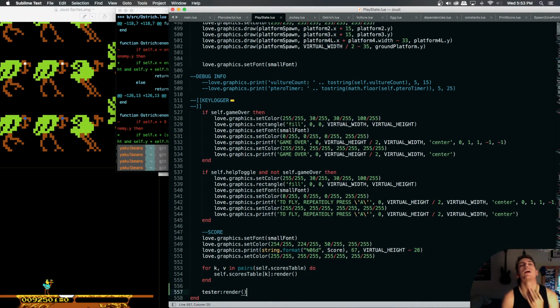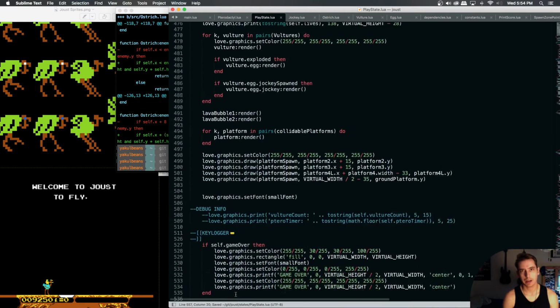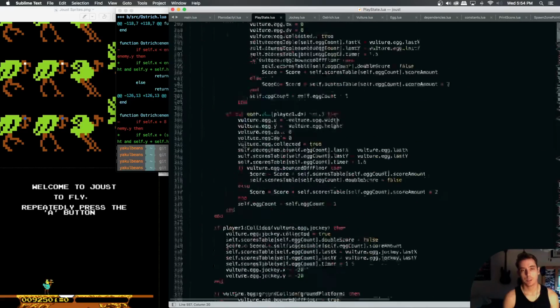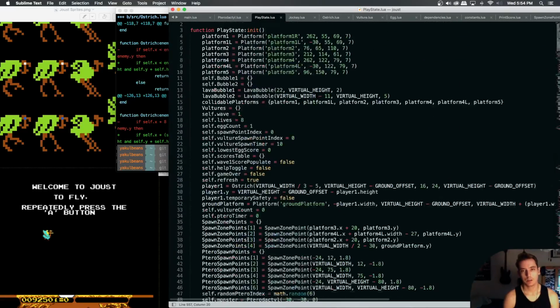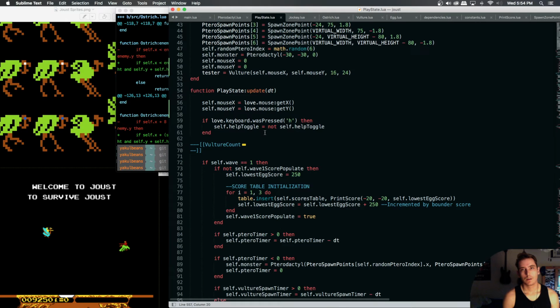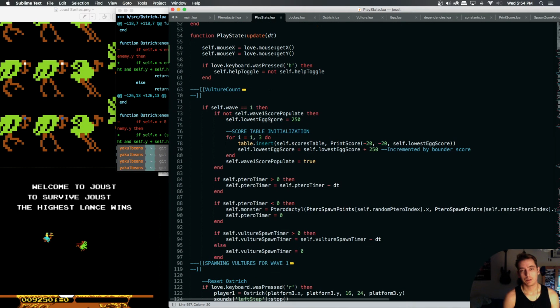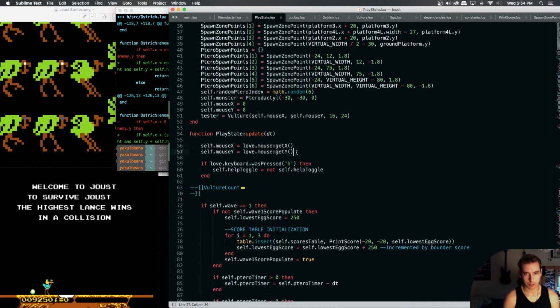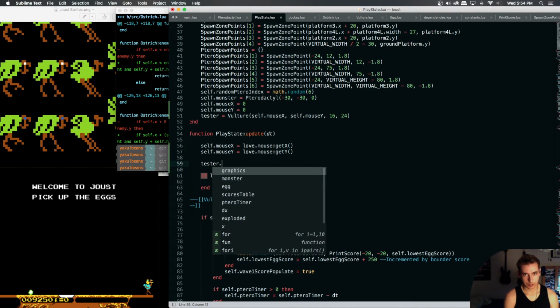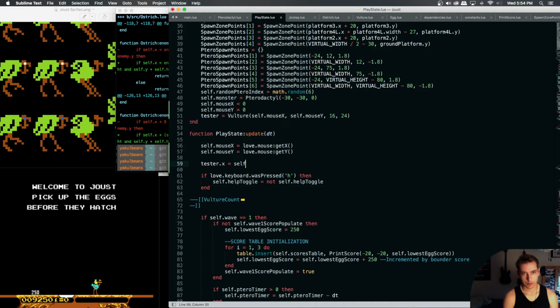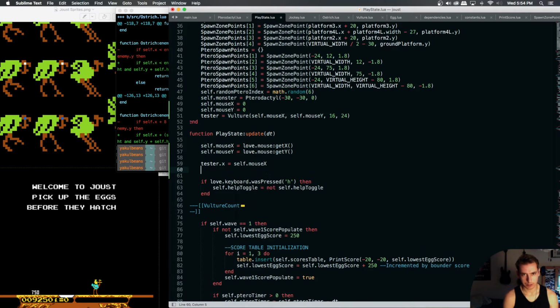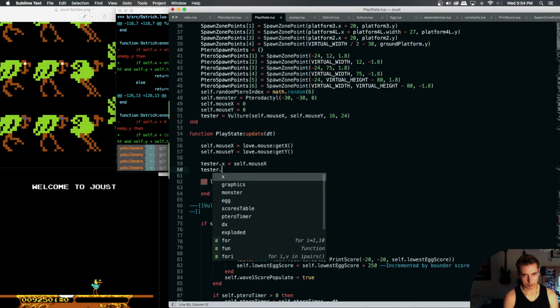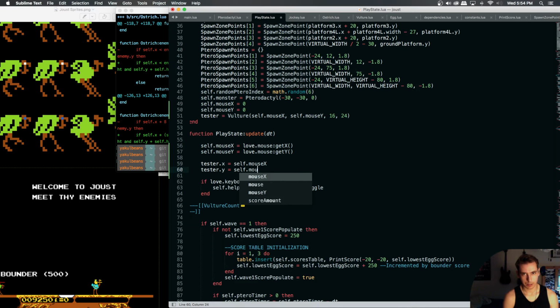This render renders it at its location, which currently is just hard-coded to the initialize, because it gets initialized, and then if the variables are changed, it's not updating. So in our update function, tester.x now gets self.mousex now that it's updated. And our tester.y now gets our self.mousey, which is now updated.